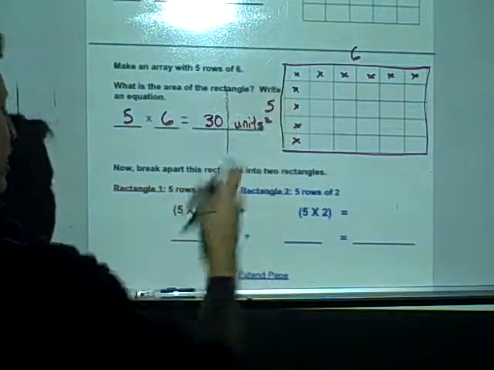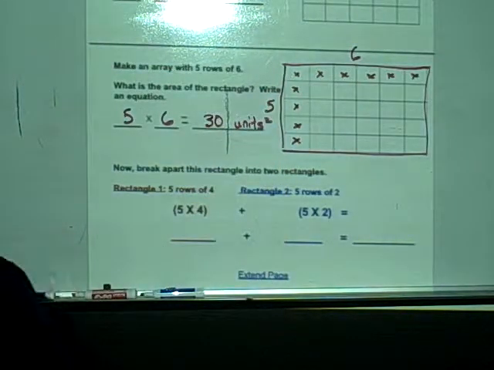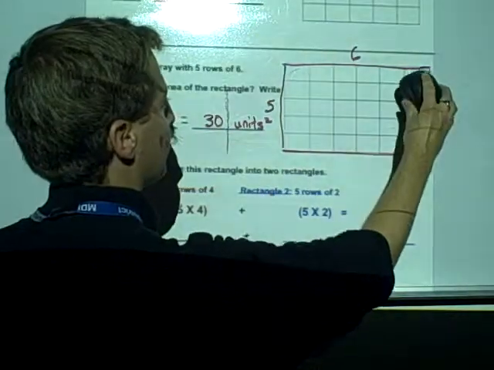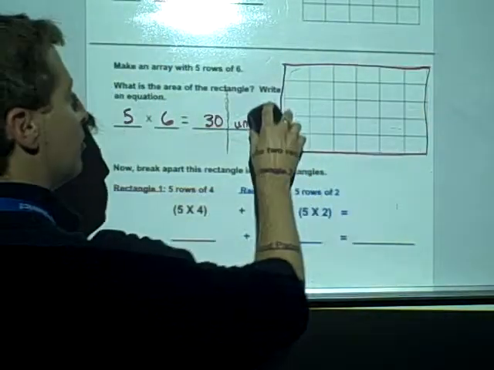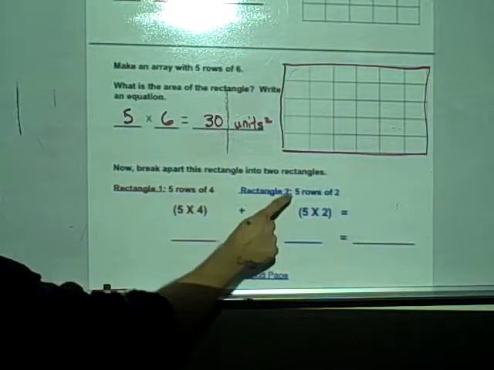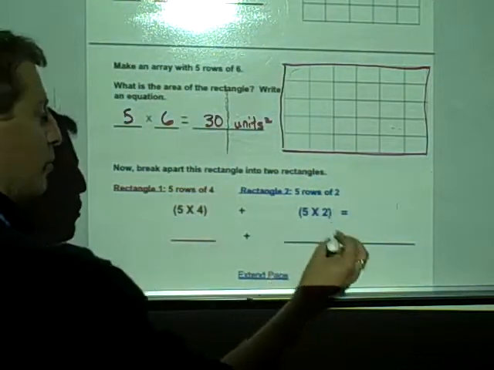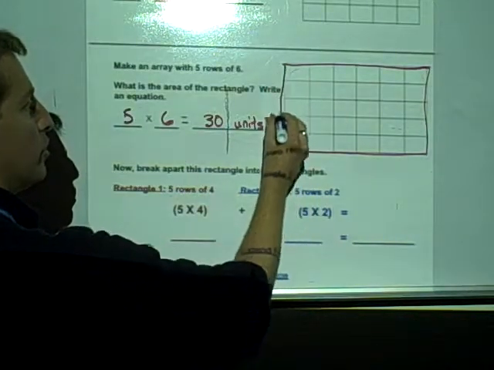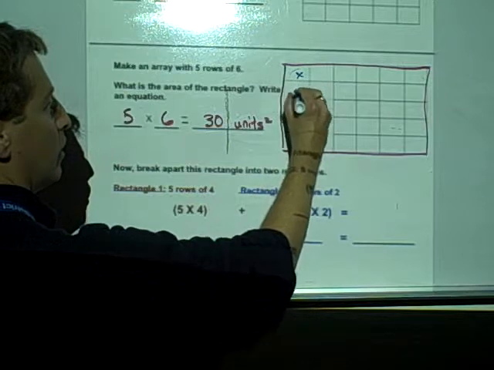Okay, so that's finding the area of the big rectangle, but now we are going to distribute that big rectangle up into two smaller rectangles. A red one and a blue one. We need a blue rectangle with 5 rows of 2. So again, we're going to do 1, 2, 3, 4, 5 rows.